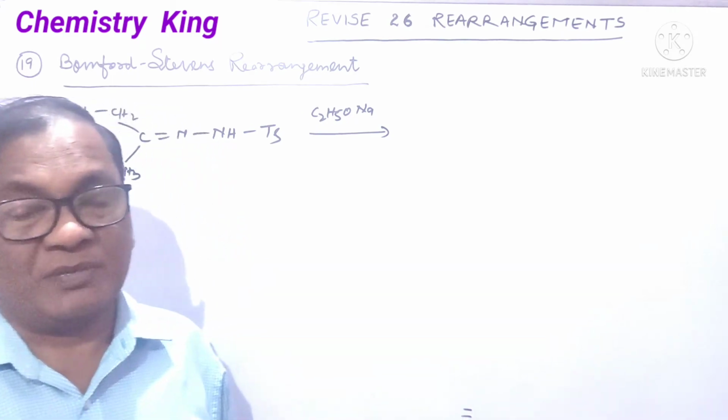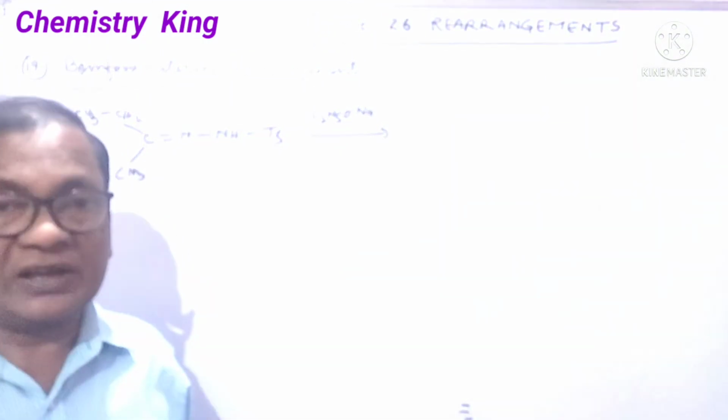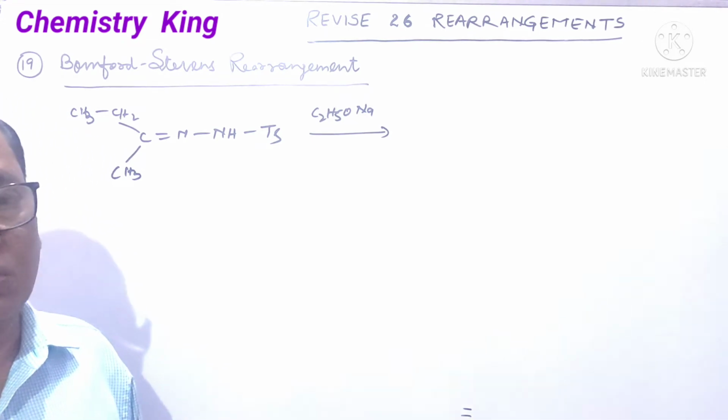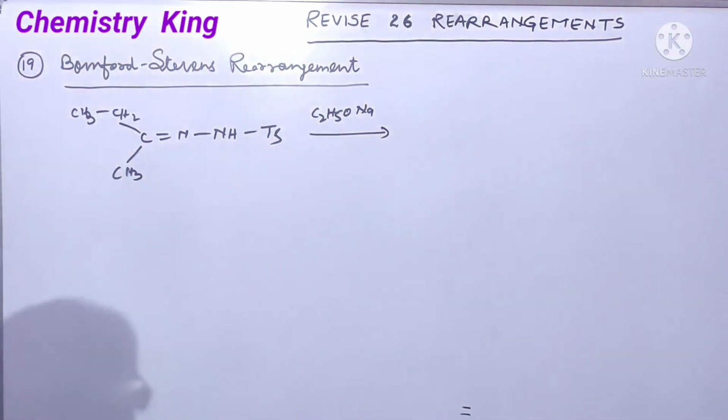In Shapiro rearrangement, you get less alkylated alkene, and in Bamford-Stevens rearrangement, you will get more alkylated alkene.